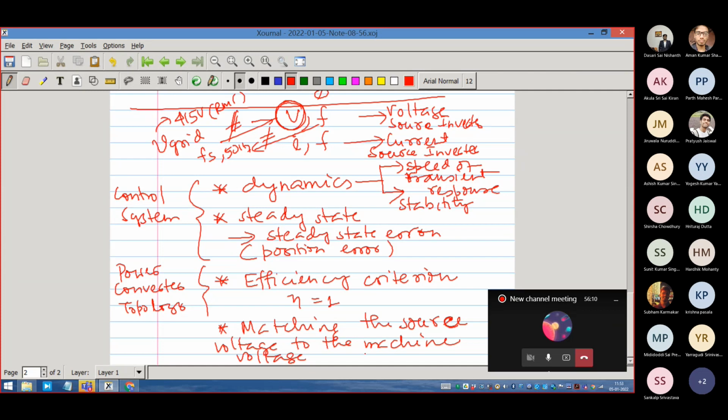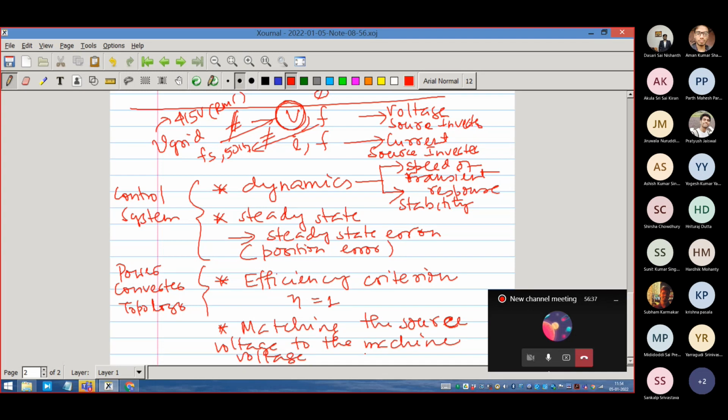While doing so, it has to see that the efficiency is very nearly equal to 1, as well as match two important aspects of the control system: the steady state performance, either steady state position or steady state speed performance. These are the external requirements, that it should be running at this speed or that speed.